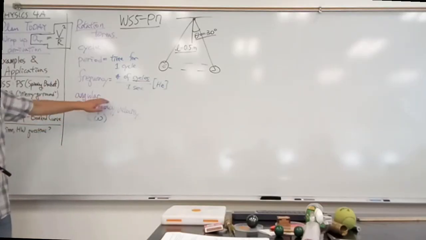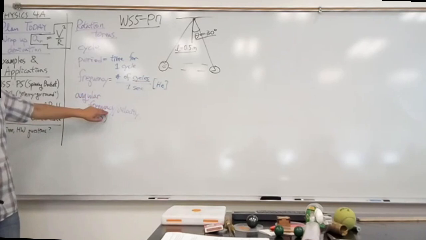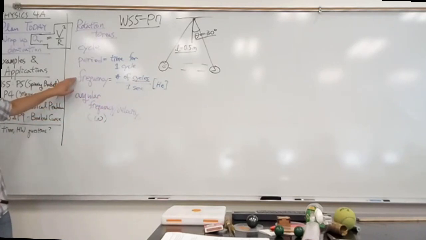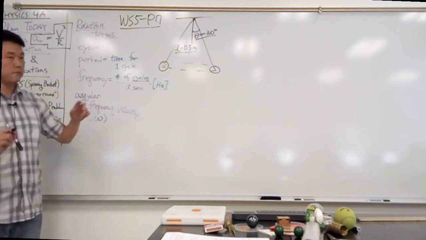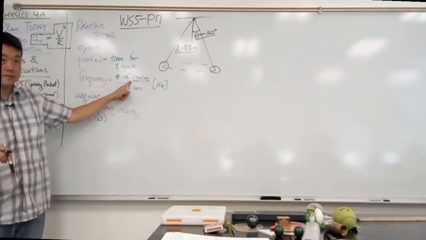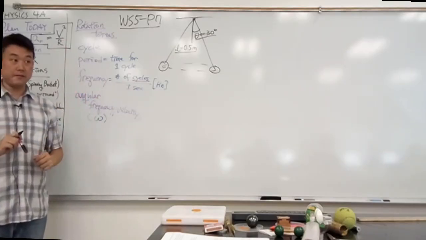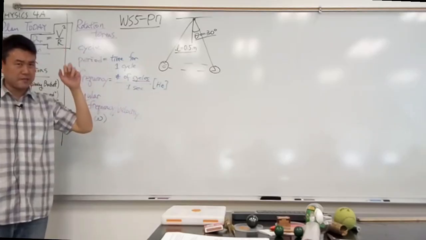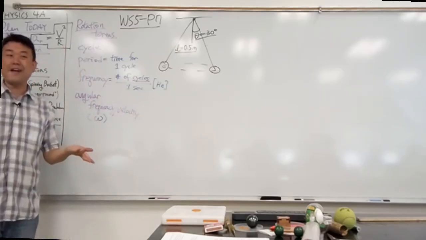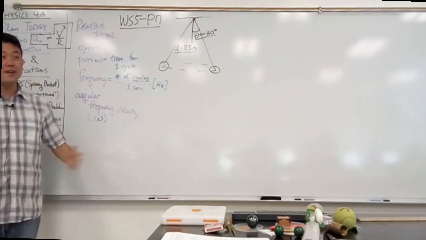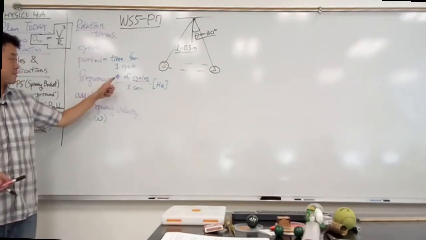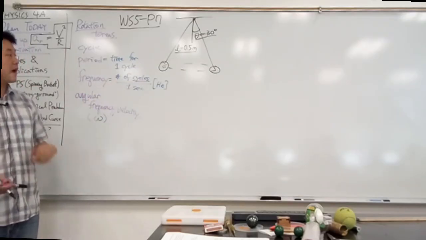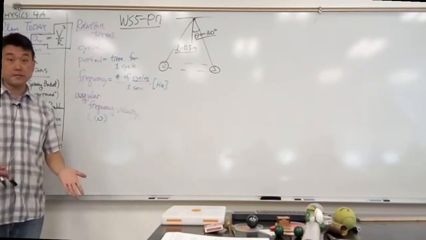With angular frequency, you're measuring the same thing as frequency, except that you're converting from, quote-unquote, units of cycles to units of radians. The reason I'm using scare quotes is that neither of them are actually units. Cycle is not a unit, radian is not a unit. They're both just numbers. But instead of counting cycles, we are going to count radians.